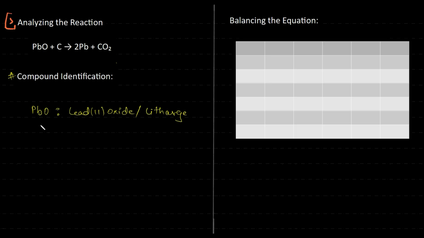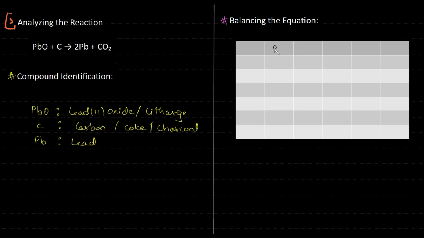Then we have carbon, or your coke or charcoal. Then we have Pb, that is lead. And then we have CO2, that is carbon dioxide. Now let's look at balancing it out.